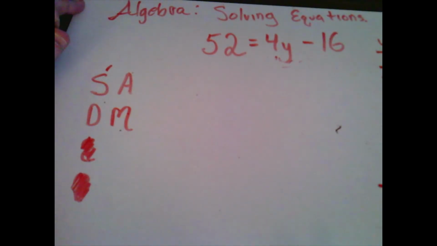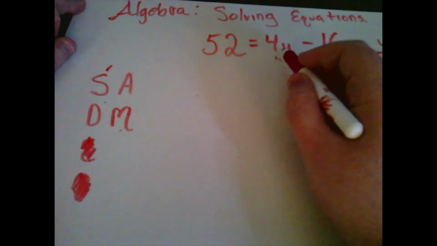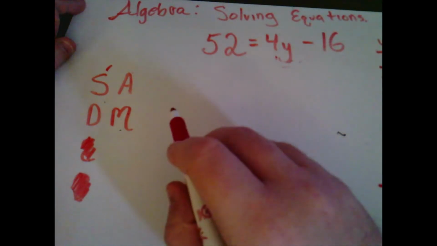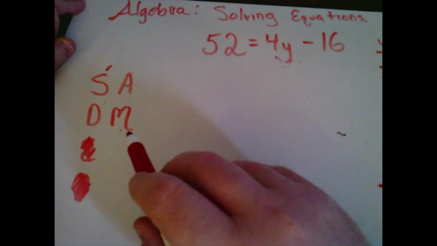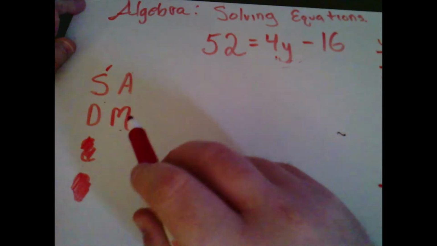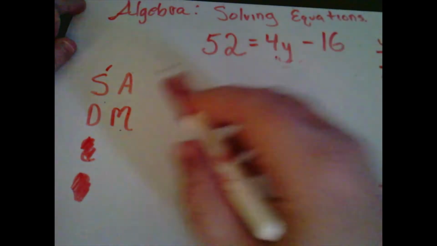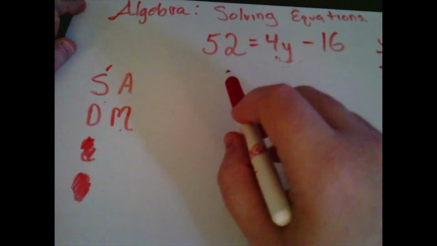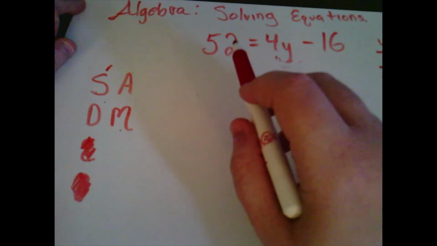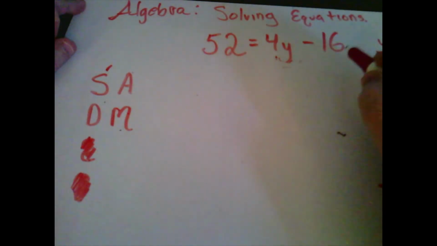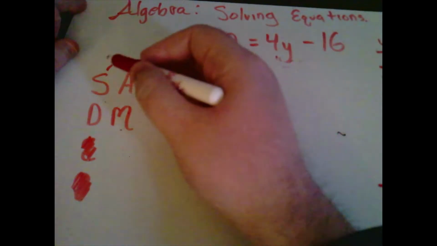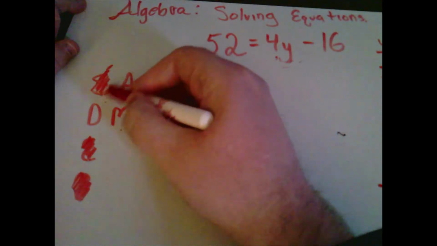Let's see what else we can eliminate. 4y minus 16. Do we have any subtraction in the problem? Yes, we do. We are subtracting 16. Now, that doesn't mean that we're going to be using subtraction as an inverse operation to solve our problem, because the inverse of this subtraction is addition. So we will not be using any subtraction.